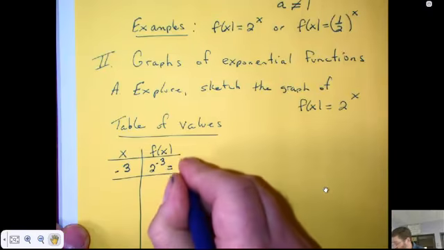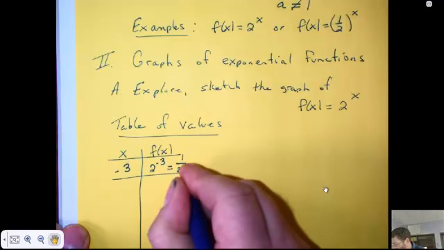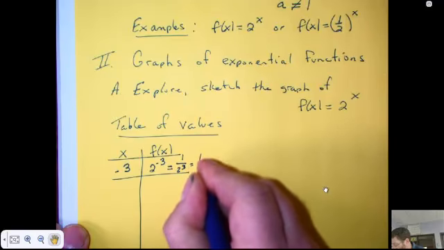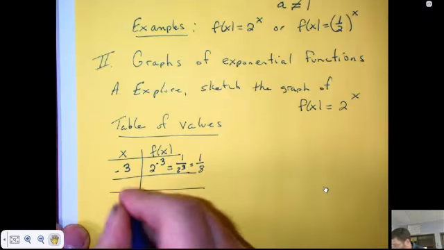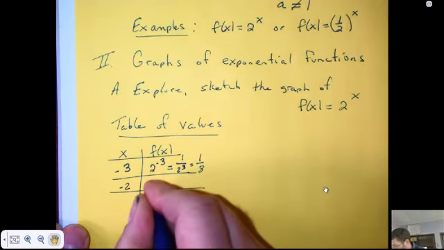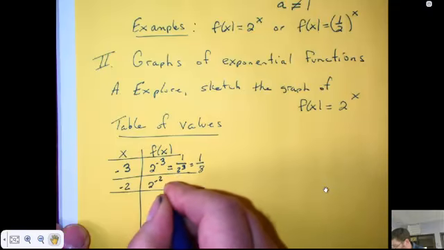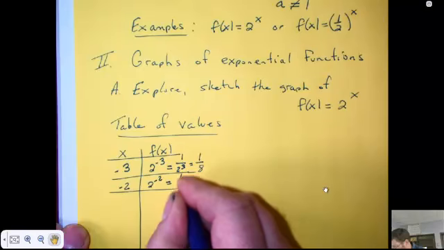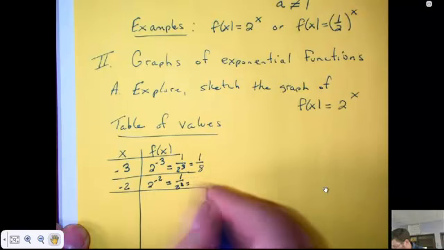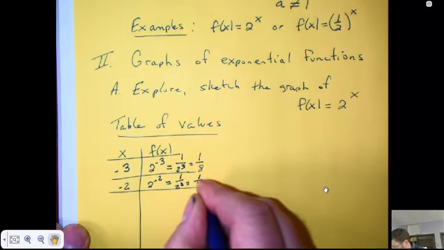So that's 1 over 2 cubed, which is 1/8. Let's go through some values. If we do -2, that would be 2 to the -2 power, 1 over 2 squared, which is 1/4.